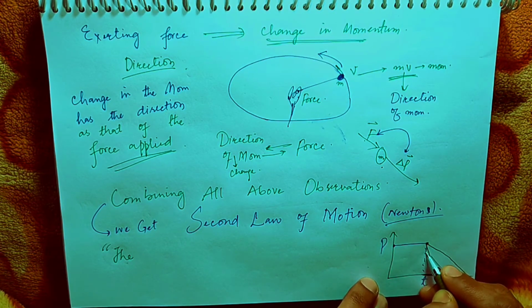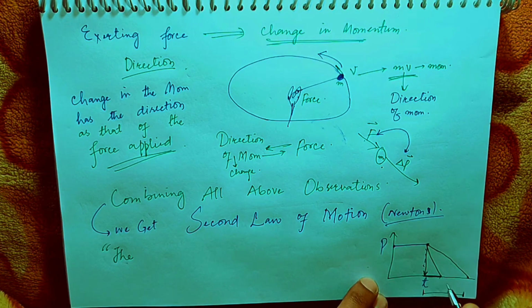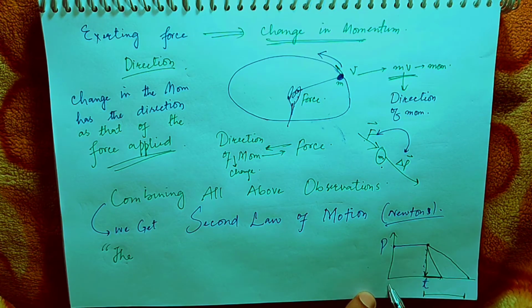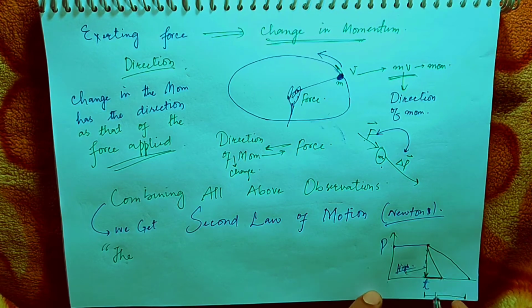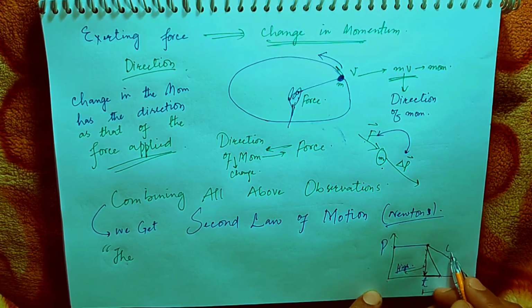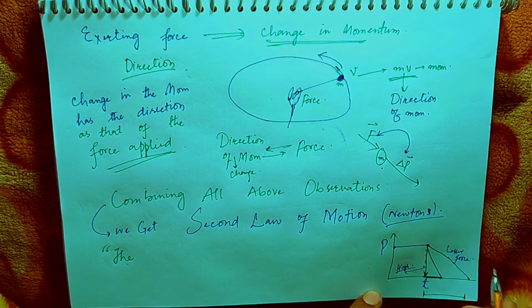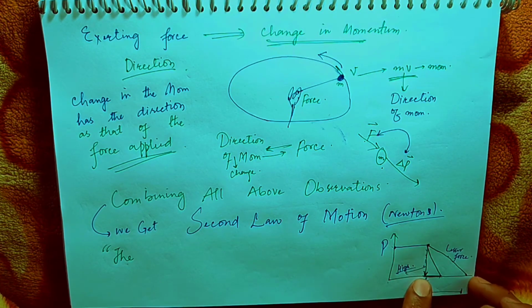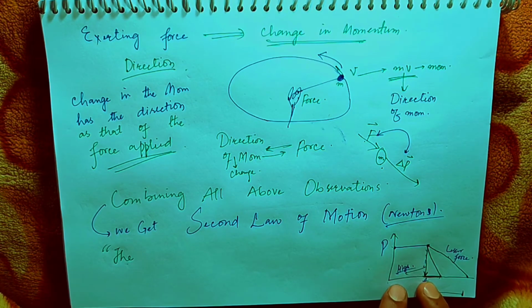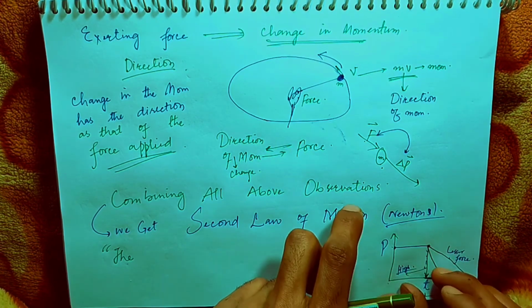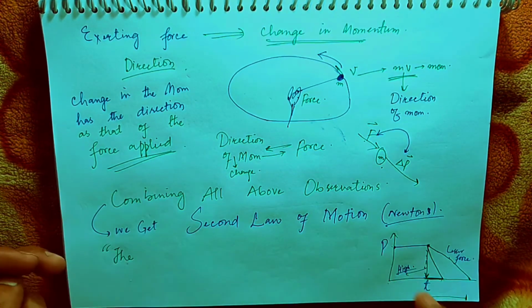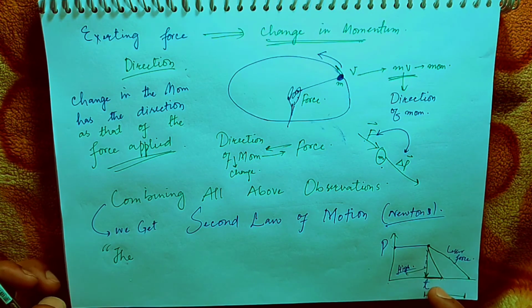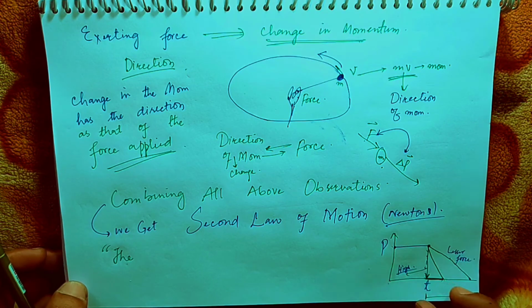And if there is an almost instant change, that is momentum changes from P to 0 instantly, the force applied is high. Higher force is applied in this case, and lesser force in that case, because here the relaxation time is very much higher, and here the body is instantly stopped. That means a huge amount of force is applied at once. So the change in the momentum depends upon the relaxation time, also the time of action.